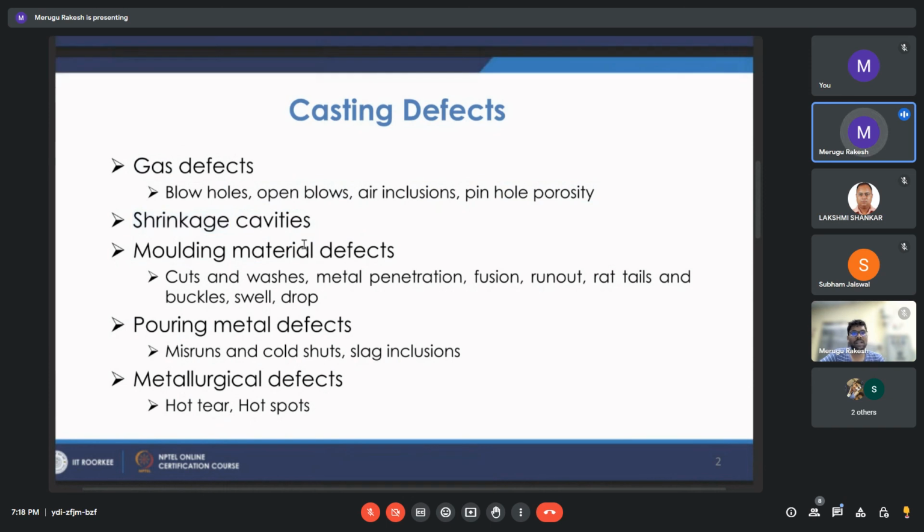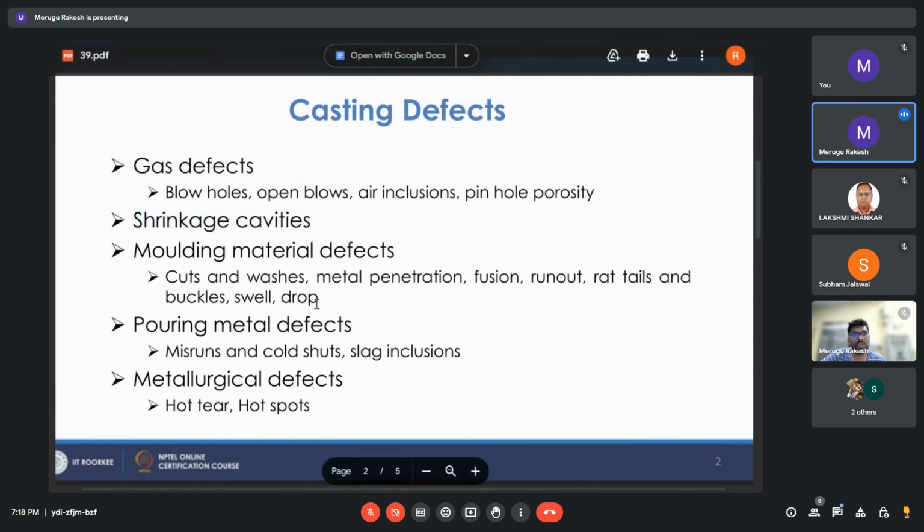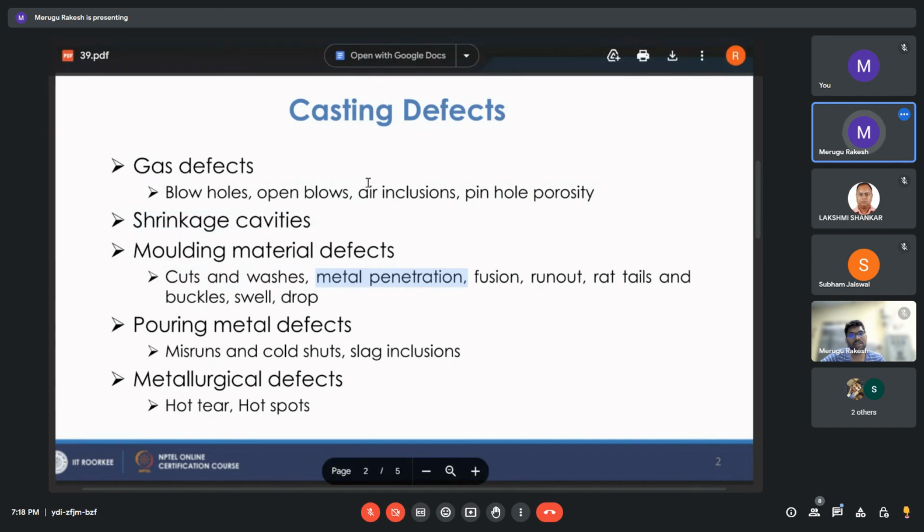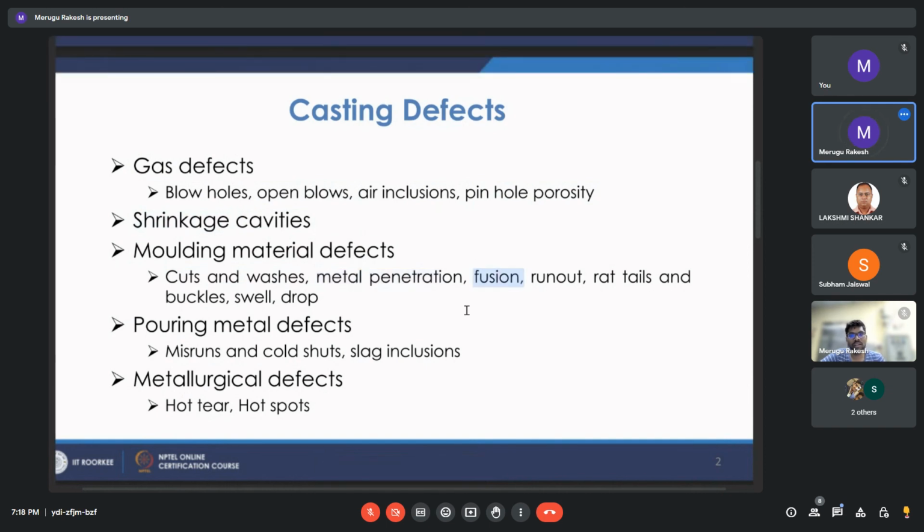Then we come to the molding material defects, which include cuts and washes. These are nothing but projections from the castings. Then metal penetration, where metal penetrates into bigger sand grain sizes. Then fusion: if the refractoriness of the sand is not so good, it will fuse on the surface of the casting.